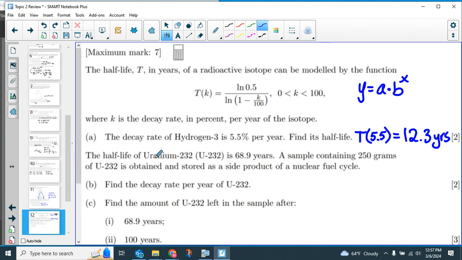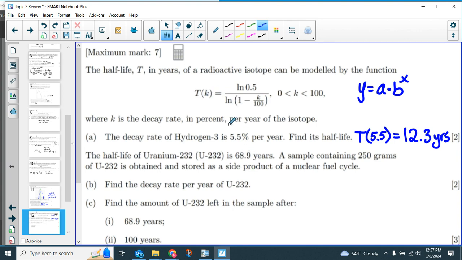All right. The half-life of uranium-232 is 68.9 years. A sample containing 250 grams of U-232 is obtained and stored as a side product of a nuclear fuel cycle. Find the decay rate per year of uranium-232. So now I know my half-life, which is T up here.